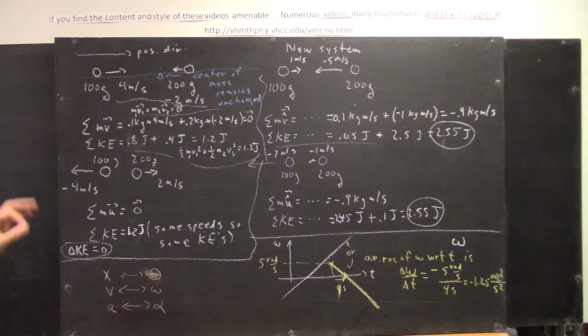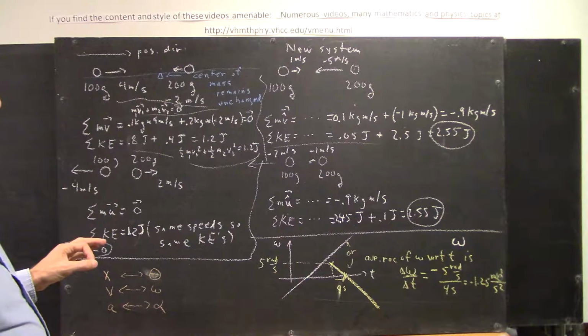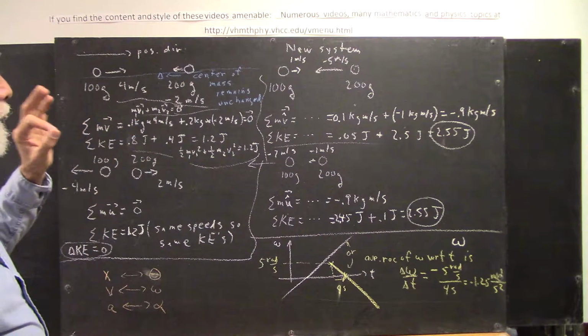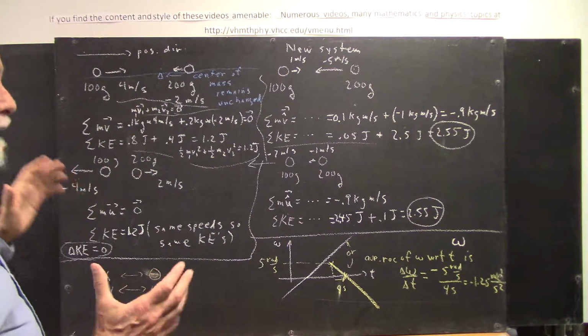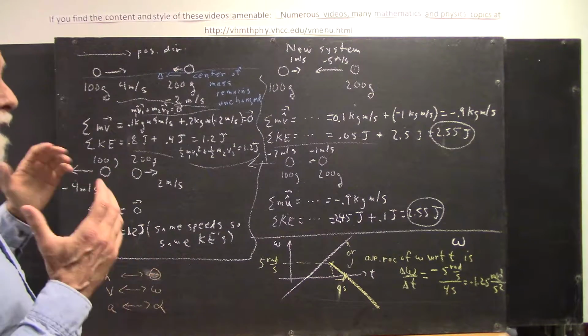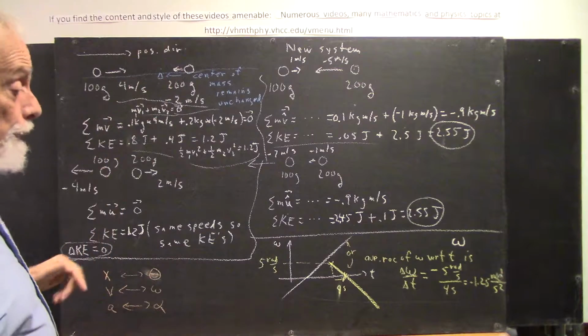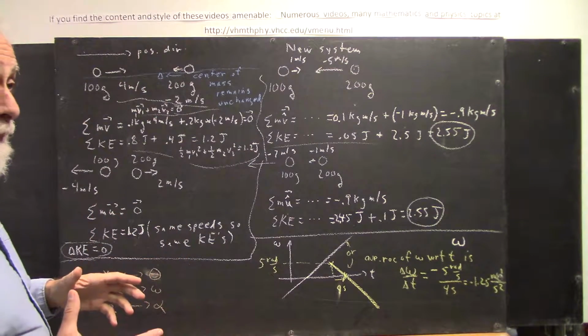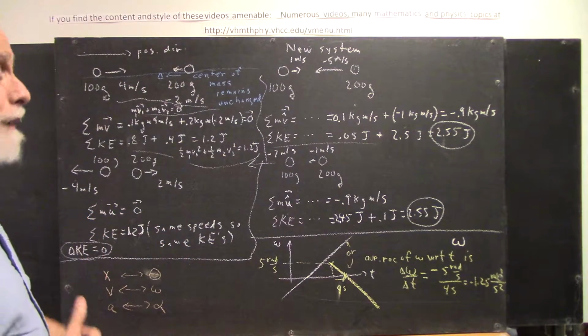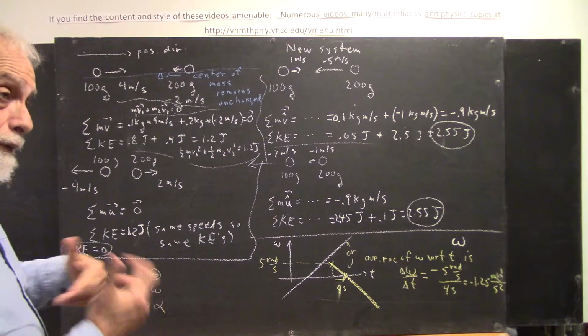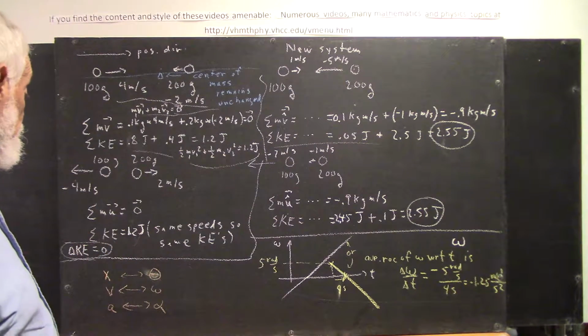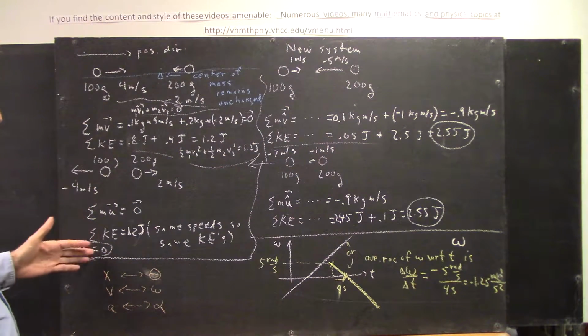Okay, so in the center of mass frame, the velocities just reverse. The two objects don't exchange velocities. The speed of each object stays the same, but its direction of motion changes. It reverses its direction of motion. Okay, that's a characteristic of the center of mass frame.